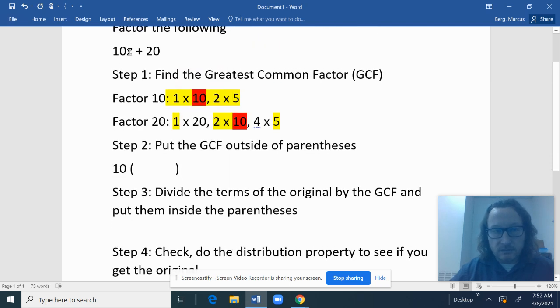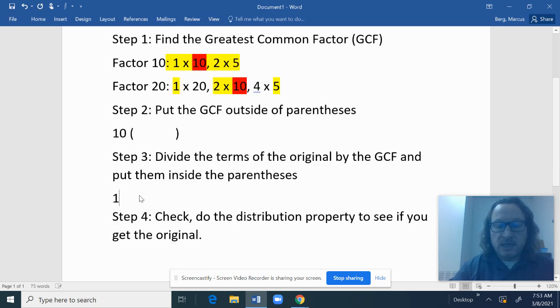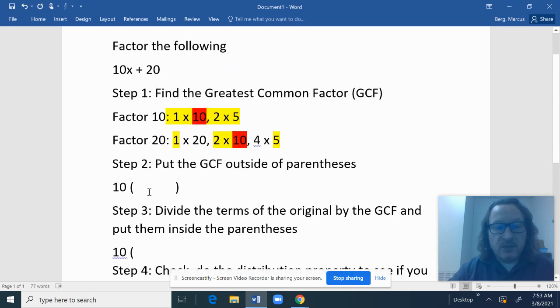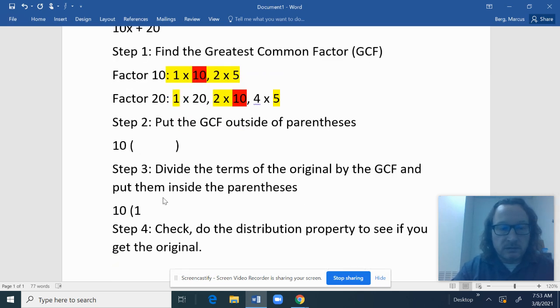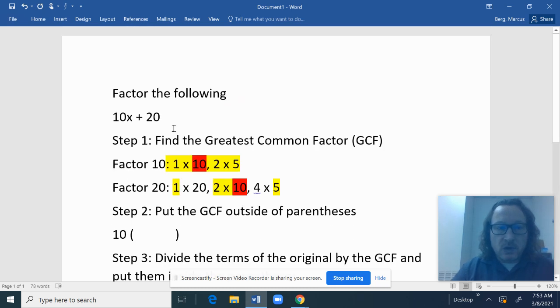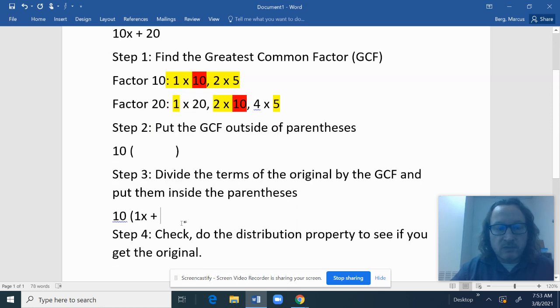I'm going to take the original expression up here, and I'm going to divide each of these terms by 10. 10x divided by 10 is 1, and there's an x there, plus 20 divided by 10. Well, I know that 2 times 10 is 20. So 20 divided by 10 would be 2.